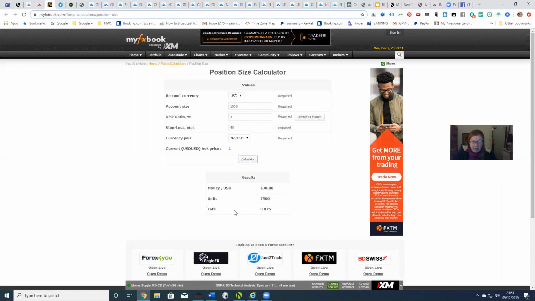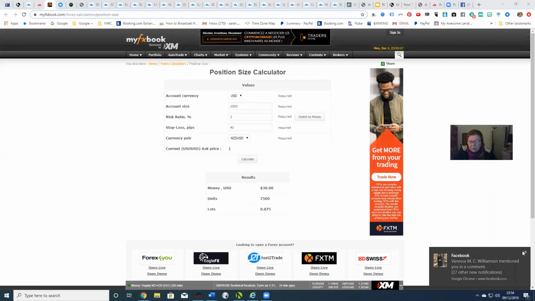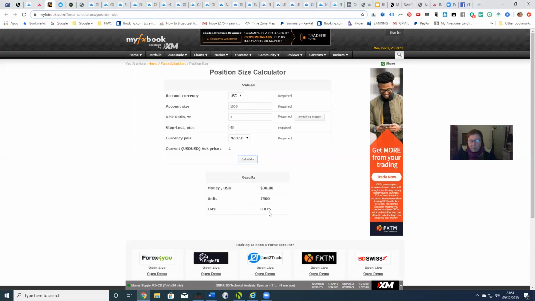Yeah. But you remember we said lot size values differ. 0.01 is worth 1 cent. So 0.07 is worth how many cents? 7 cents. Correct. So each pip is worth 7 cents, okay?